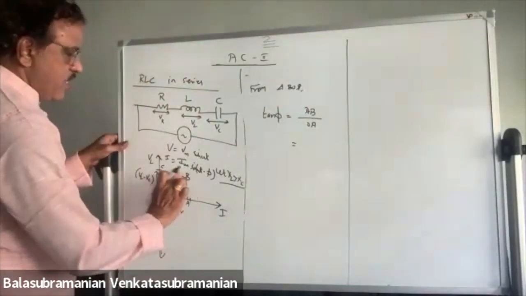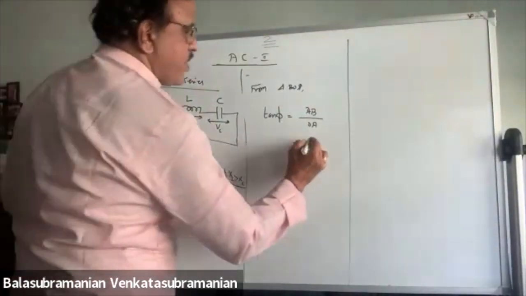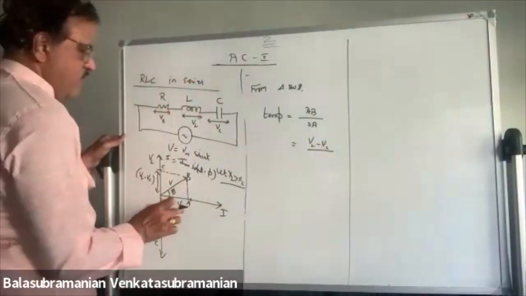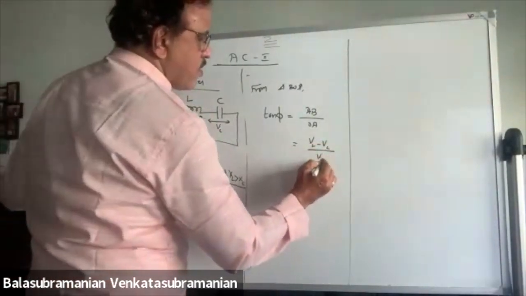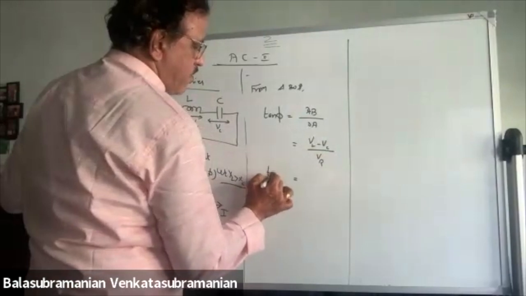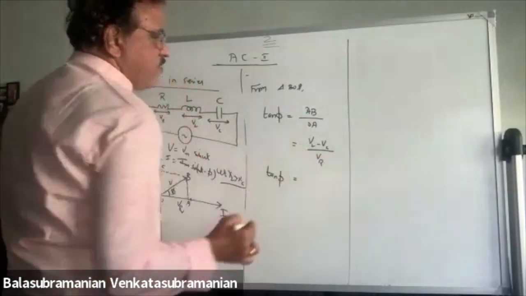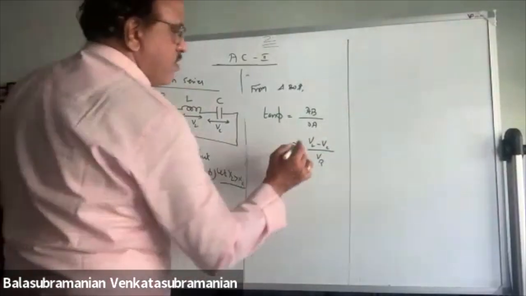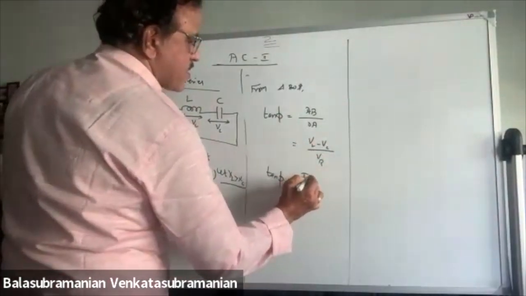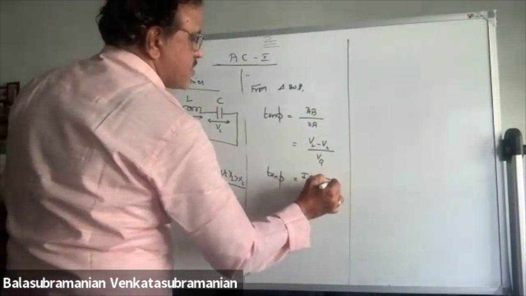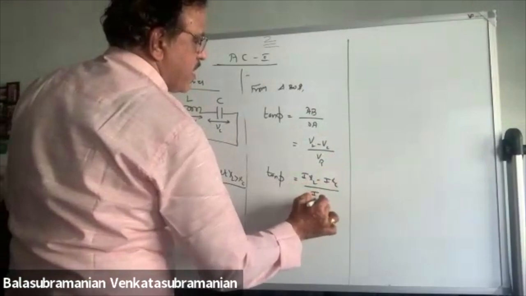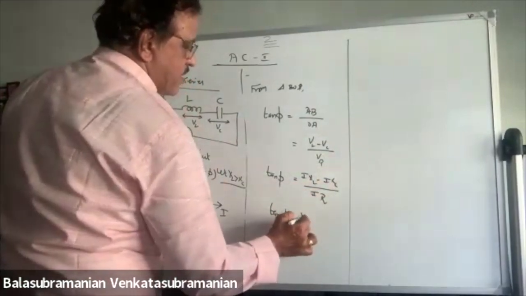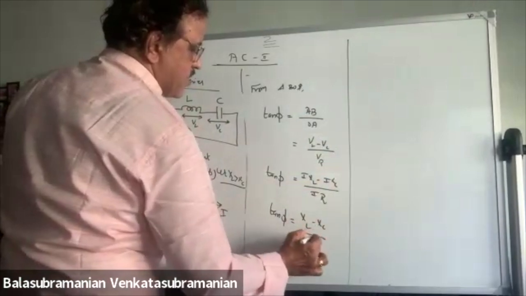AB and OC are equal and parallel, so we have VL minus VC. OA is nothing but VR. So tan phi is equal to (VL minus VC) by VR. What is VL? IXL minus IXC by IR. So I cancels everywhere: tan phi is equal to (XL minus XC) by R.